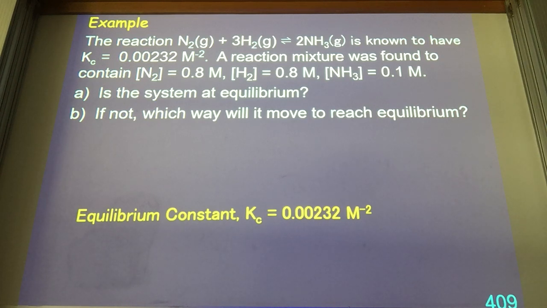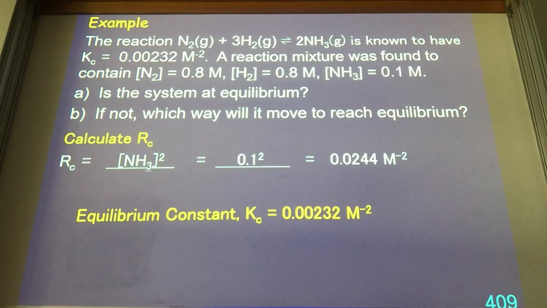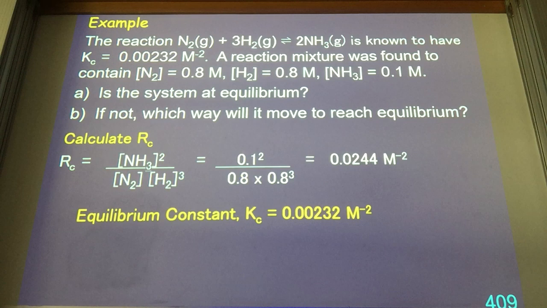So for the reaction we're given the equilibrium constant and we get some random mixture of the gases and we want to know whether the system has reached equilibrium yet. So we just plug our concentrations into the equilibrium constant expression and see what happens. And oh, what a surprise.